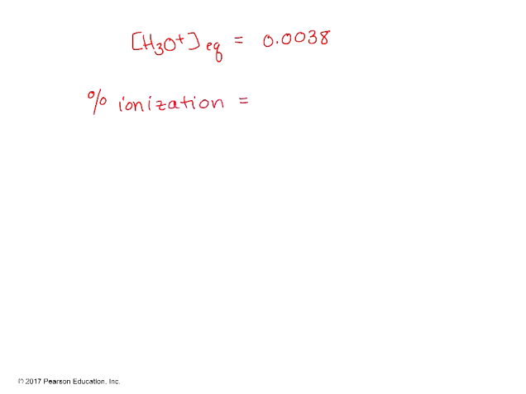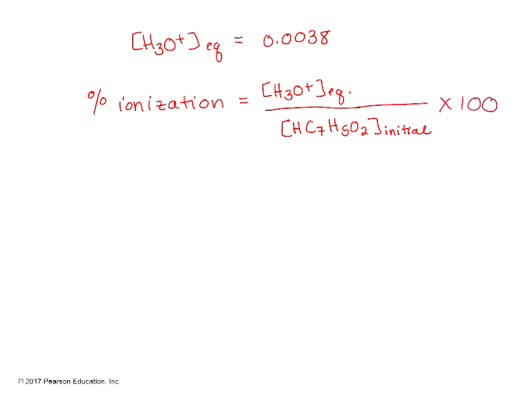So now the percent ionization is going to equal the concentration of hydronium ions at equilibrium over the concentration of our acid initially. And then we multiply that by 100. So plugging in that value that we found before, we have 0.0038 divided by 0.225.